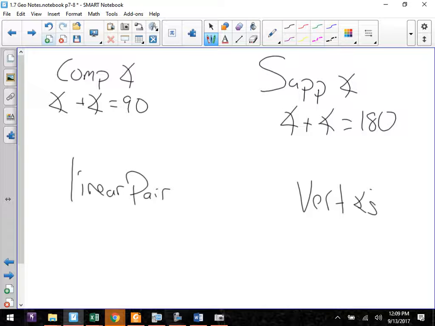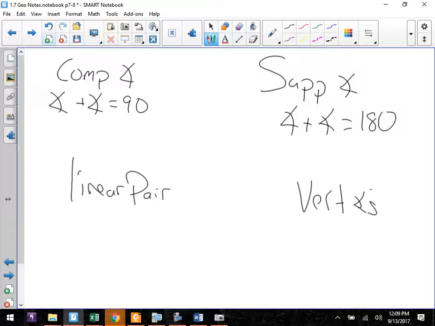Now, on the quiz, I asked that you guys draw an example of a linear pair. What does that look like? Well, think about the definition. The definition of a linear pair is what? What do they do? They make a line, right? So we know that two angles have to form a line. These are a fancier version of supplementary.